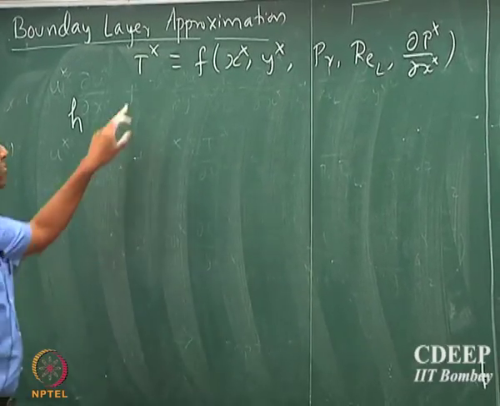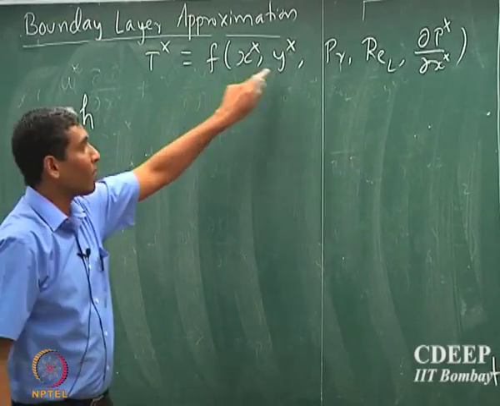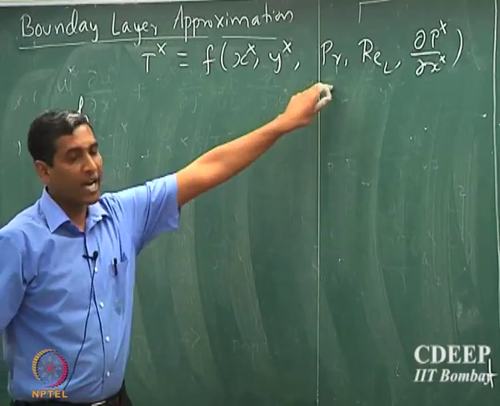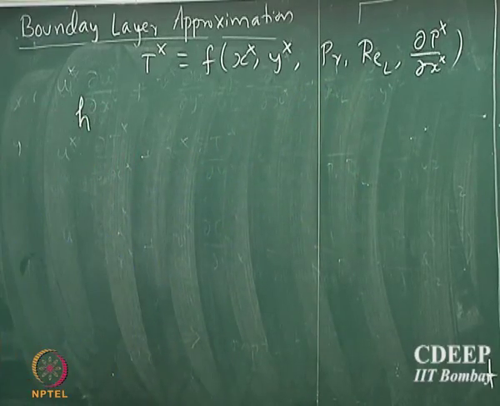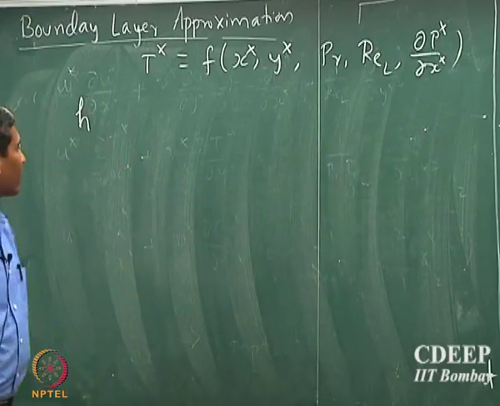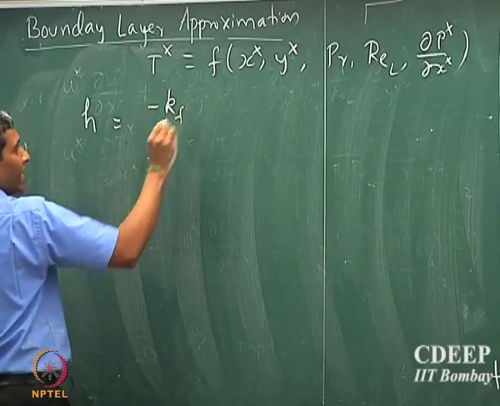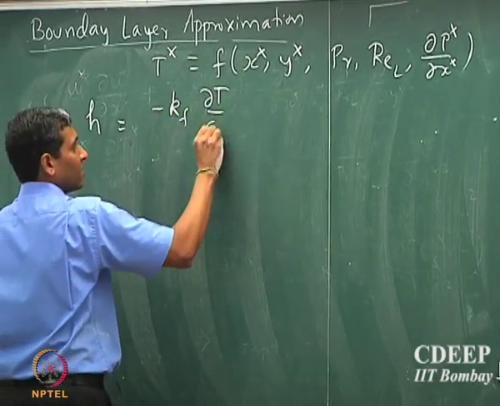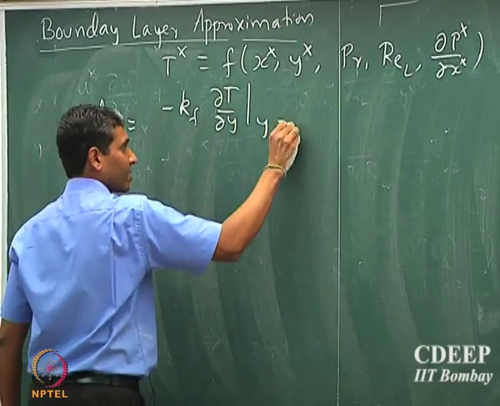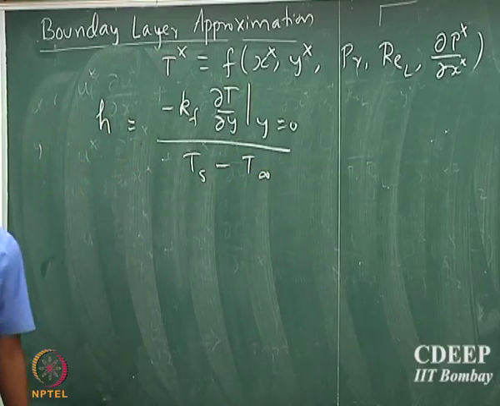Okay. So therefore T star is now a function of all these 5 quantities: x star, y star, which are the dimensions, Prandtl and Reynolds number, which appear as a scaling in the diffusion term, and dp star by dx star, the pressure gradient. Okay. So the heat transport coefficient is defined as minus kf dT by dy divided by Ts minus T infinity.